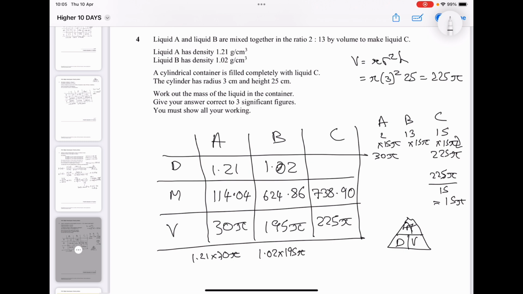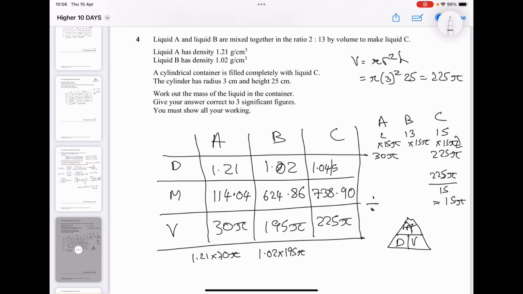So density is mass divided by volume. So 738.90, I'm going to put a divide there, divide by 225 pi equals 1.045, and it wants 3 significant figures.